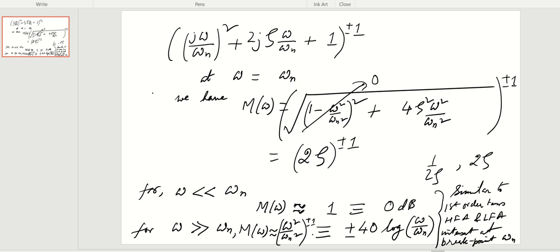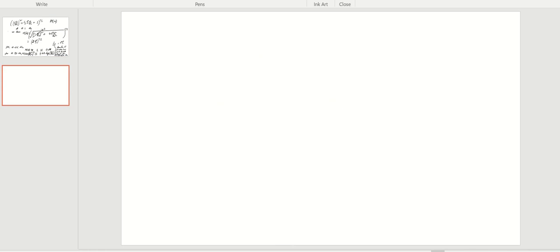There the breakpoint was tau omega equal to 1; here it is omega n. So now we have the picture about the behavior of M omega. That doesn't answer the question in its entirety, because we still have to find out the behavior of the phase function.